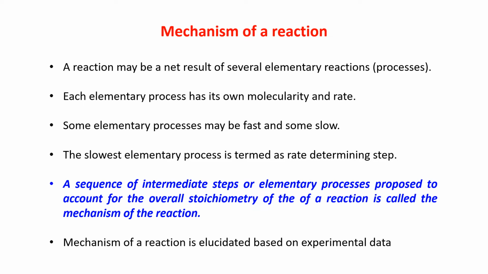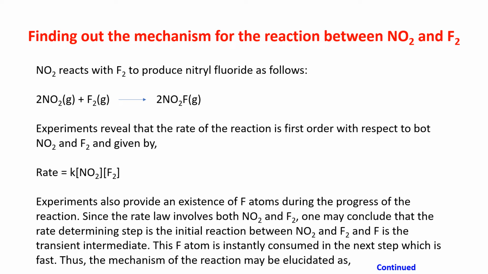Okay. Now let us see how to find out the mechanism of a reaction. Here we have taken the example of the reaction between NO2 and F2. How to write the mechanism of this reaction? NO2 reacts with F2 to produce nitryl fluoride. See the reaction here: 2NO2 gas plus F2 gas gives you 2NO2F gas.